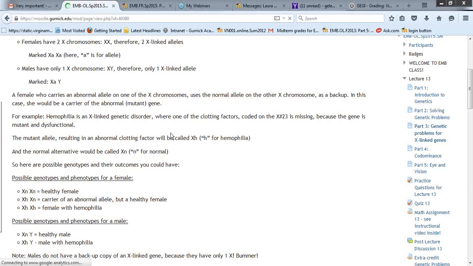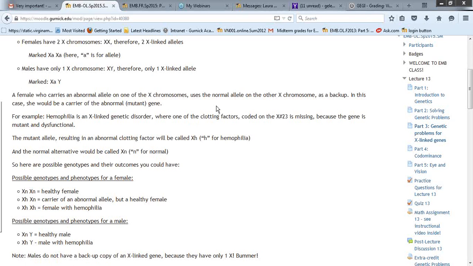So a female, because a female has 2 X chromosomes, will always have 2 versions of every gene found on those X chromosomes. So even a female who carries an abnormal allele on one of her X chromosomes will usually have a backup copy on the second X chromosome.